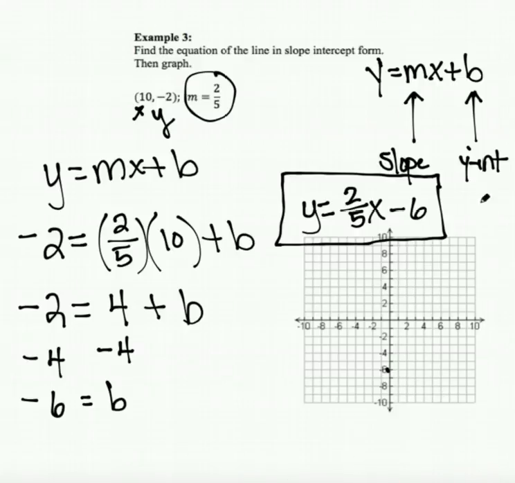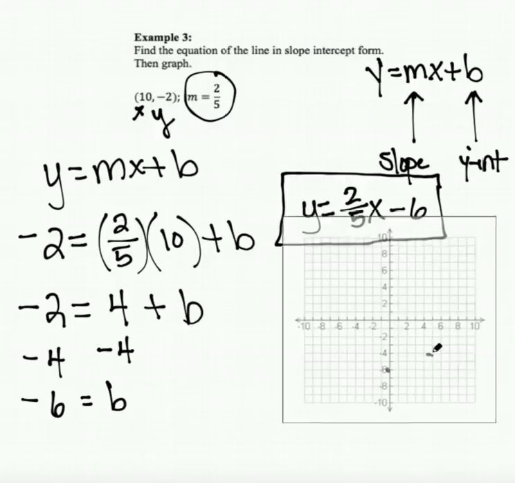And then it says that the slope is 2/5. So from that starting point, from negative 6, I'm going to rise 2, and I'm going to run 5. When it's positive, remember we're rising from left to right. So I'm going to go up 2 and then to the right 5 and put my new point. Not perfect.